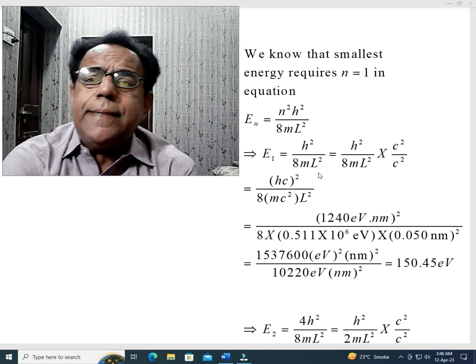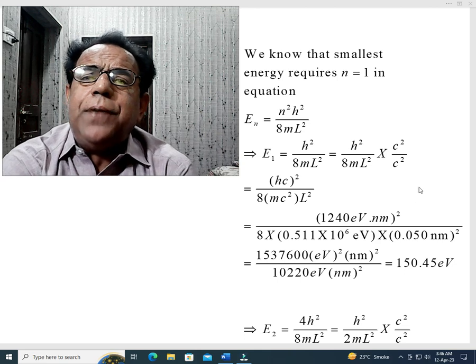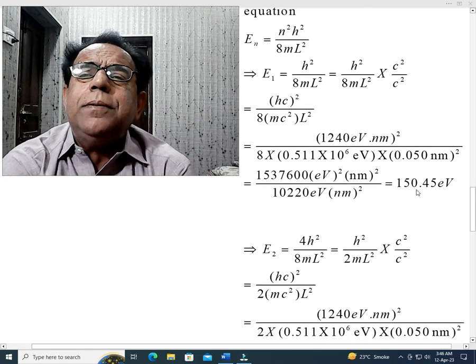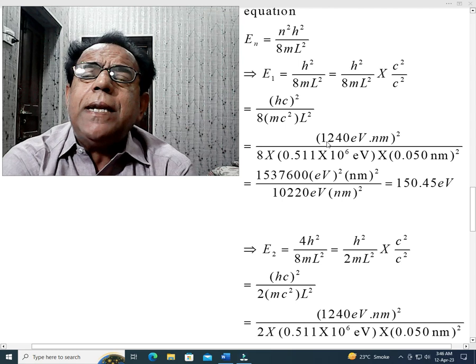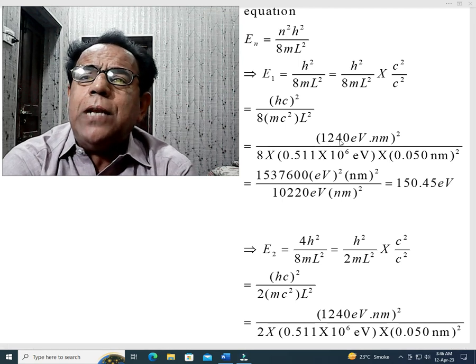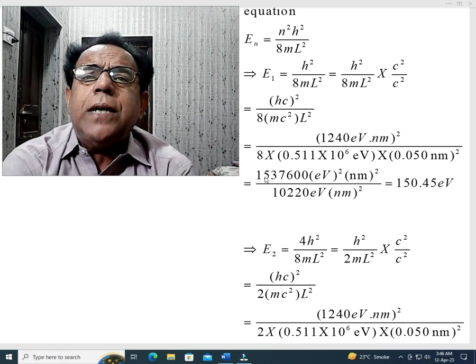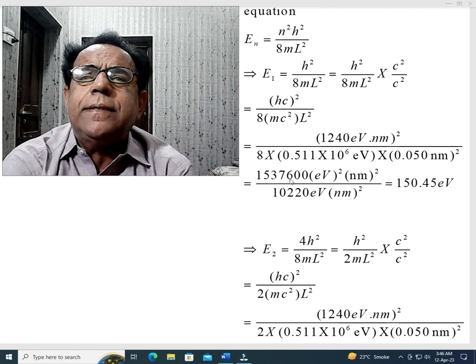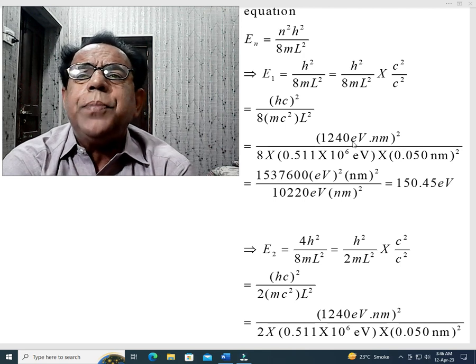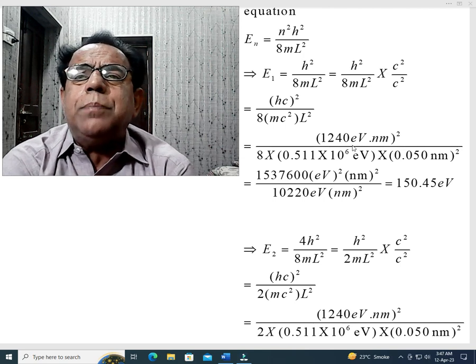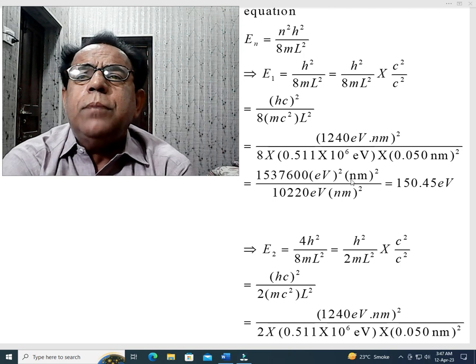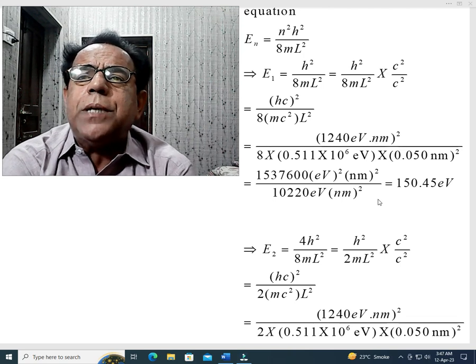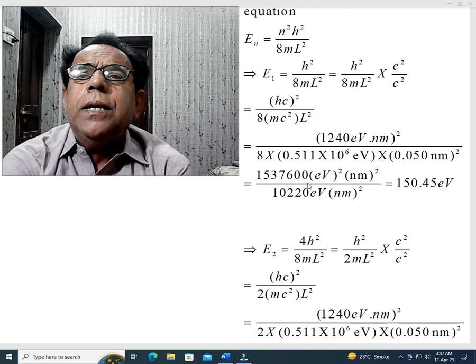In the next step we have just simplified. Simplification means we have taken the square of this value, that is 1240. If we multiply 1240 with another 1240, then we will get 1537600. Moreover, electron volt will become square, and nanometer will also become square.